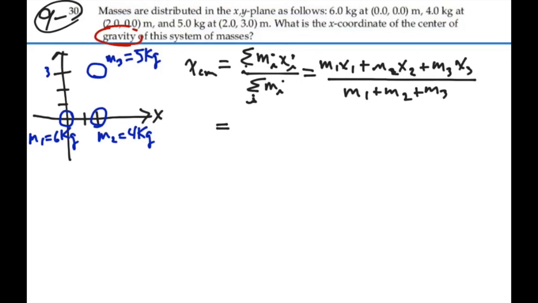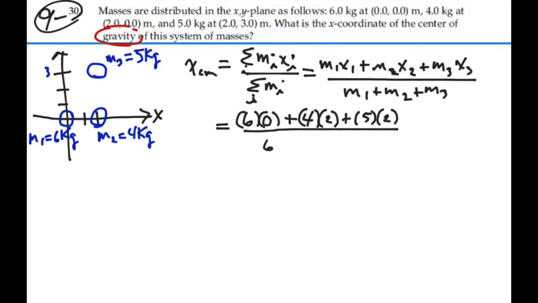As we have it here, our mass 1 is 6 kilograms, located at x equals 0, only looking at the x-coordinates, plus mass 2, which is 4 kilograms, located at x equal 2, plus mass 3, which is 5 kilograms, located at x equal 2, all over the total mass of the system, 6 plus 4 plus 5.